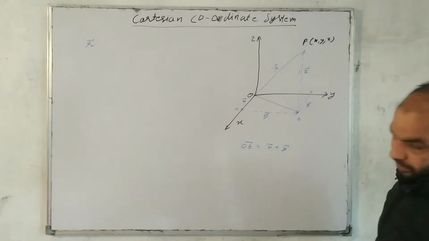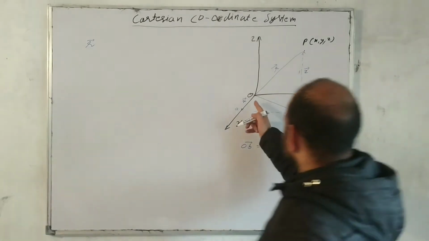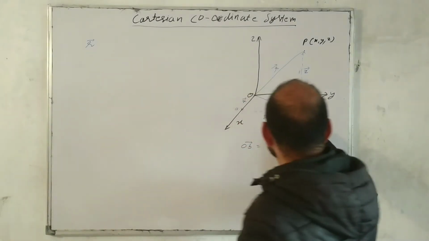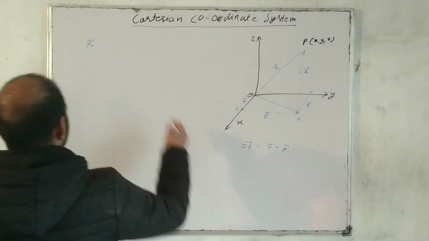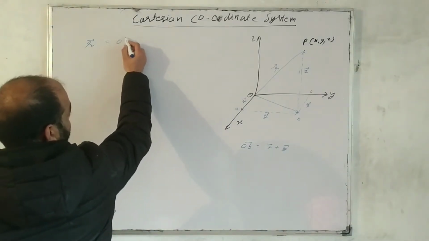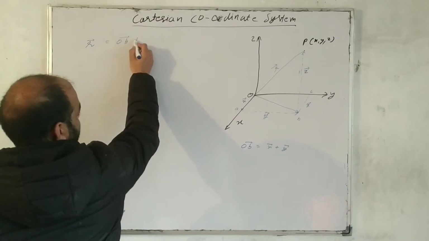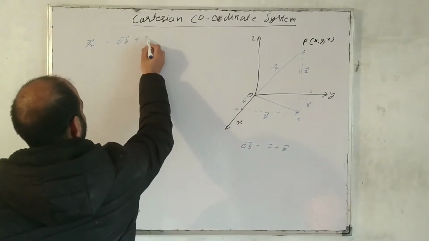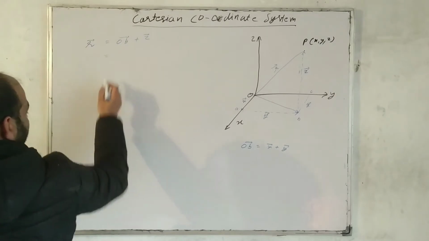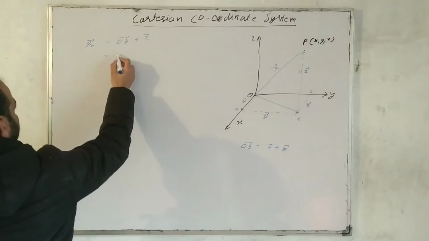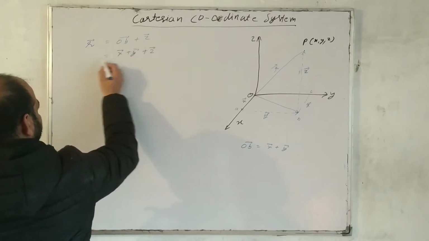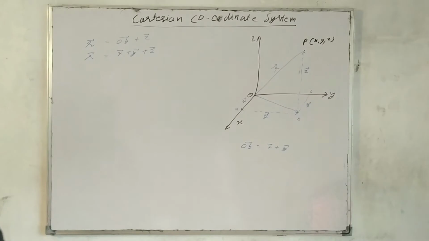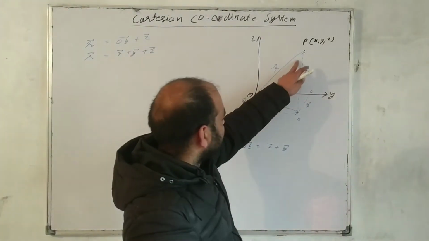Let's write it as the z vector. So the sum of OB plus BP is equal to the r vector. The r vector is equal to the OB vector plus the z vector. So OB vector is equal to x vector plus y vector, and writing the z vector as such, this is the value of this r vector.